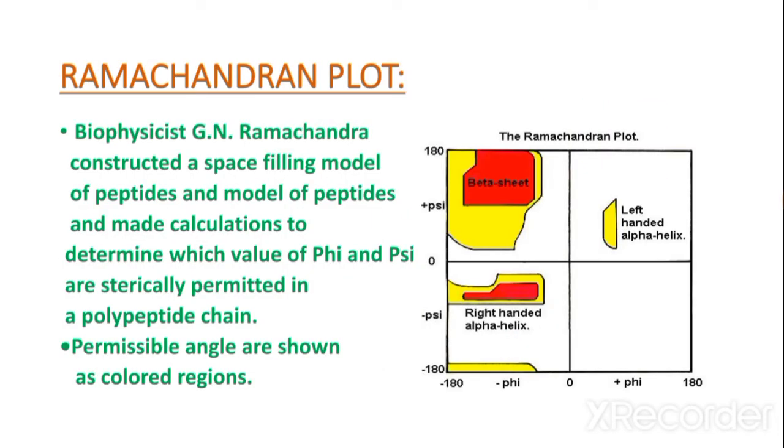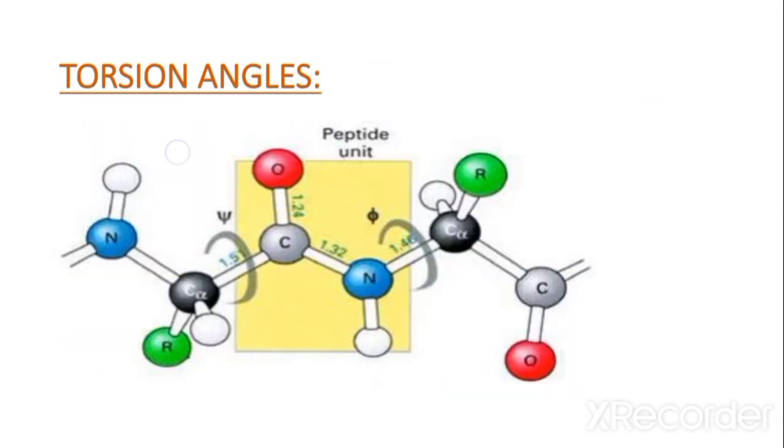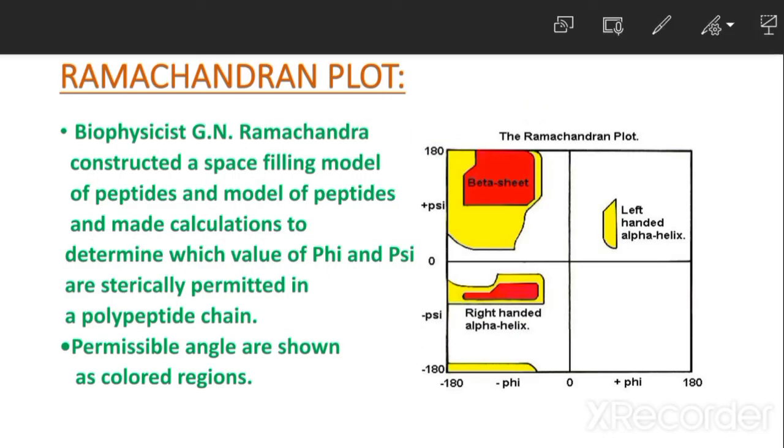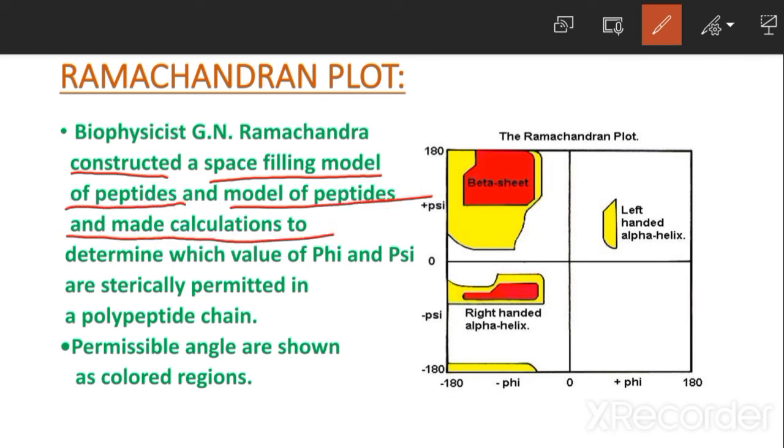In the Ramachandran plot, the biophysicist G.N. Ramachandran constructed a space-filling model of peptides and made calculations to determine which values of phi and psi are sterically permitted in a polypeptide chain.